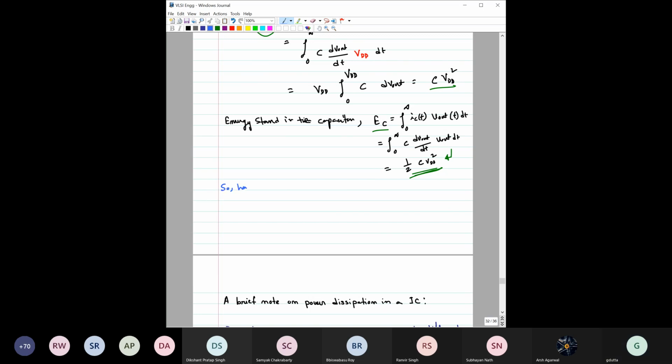So, half of the energy delivered by the source, that is VDD, is stored in the capacitor.